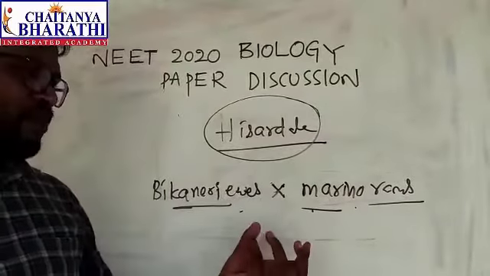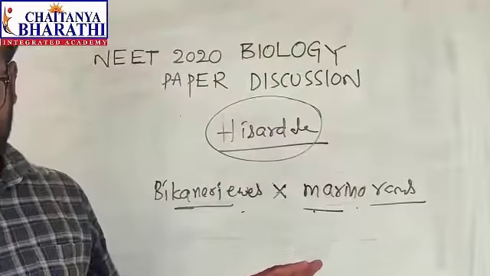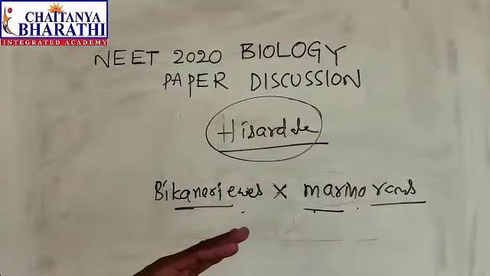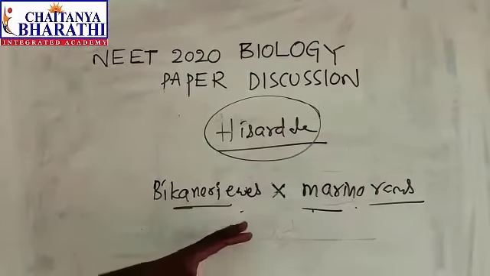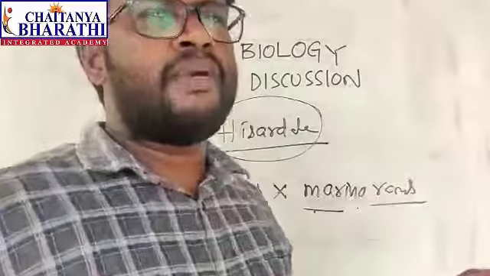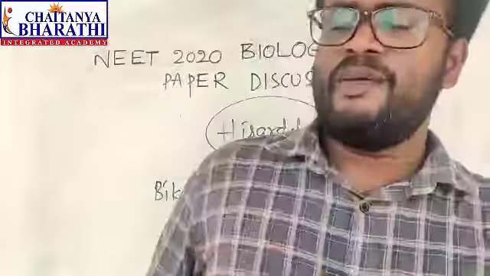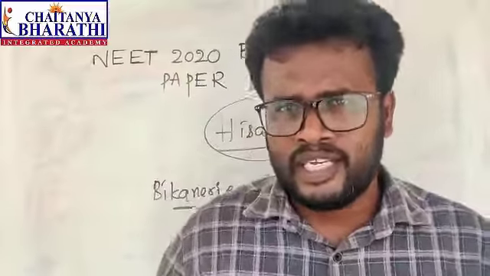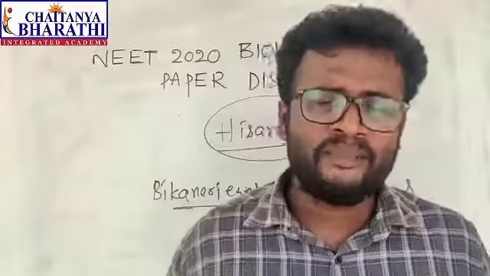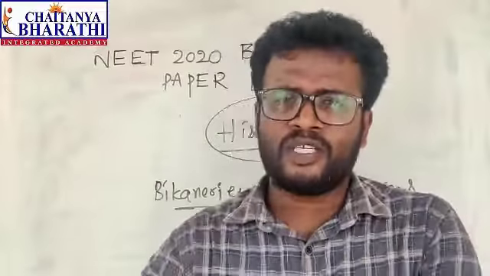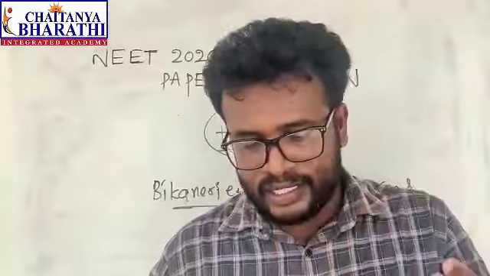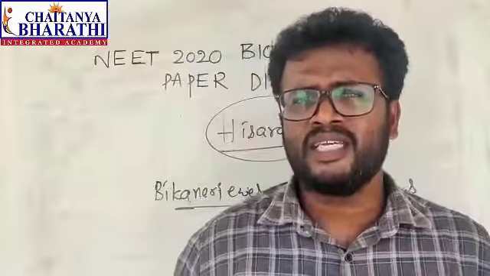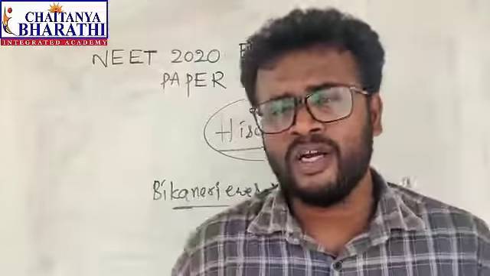Mutational breeding is also not a correct statement. Cross breeding is a cross between a superior male and a superior female of two different species. So that is nothing but cross breeding. So the answer is cross breeding because these are two different species.